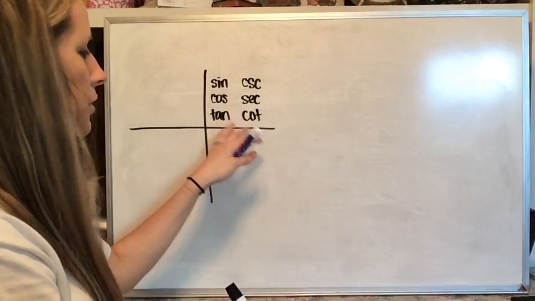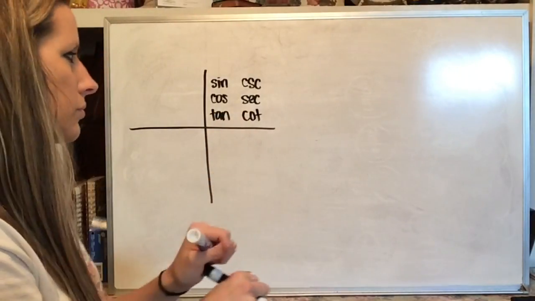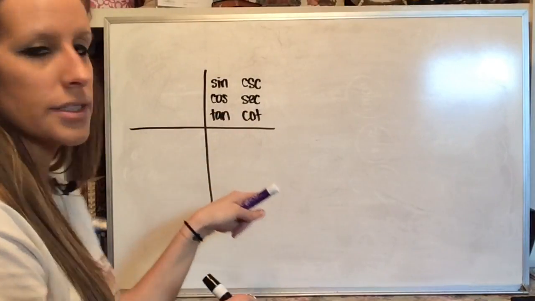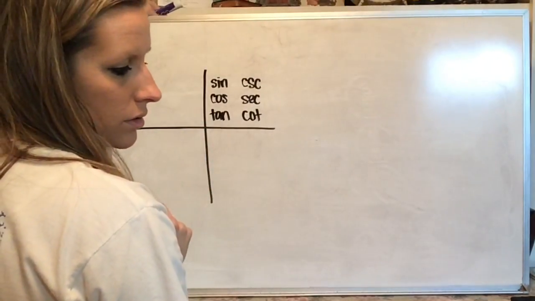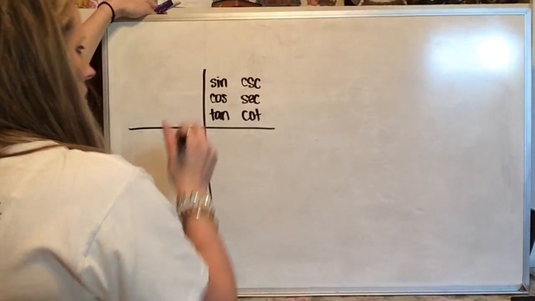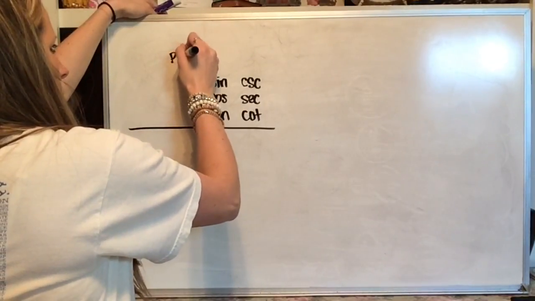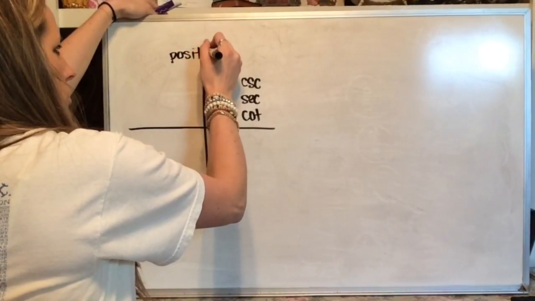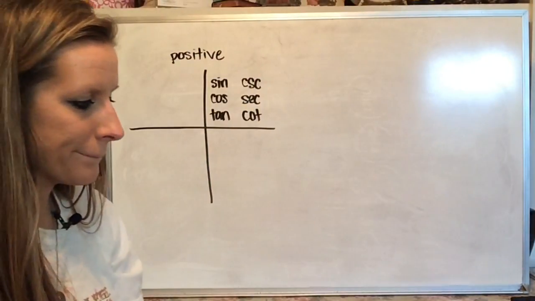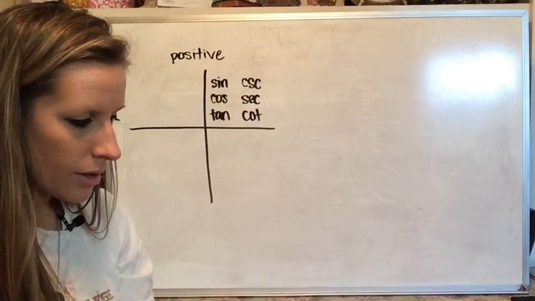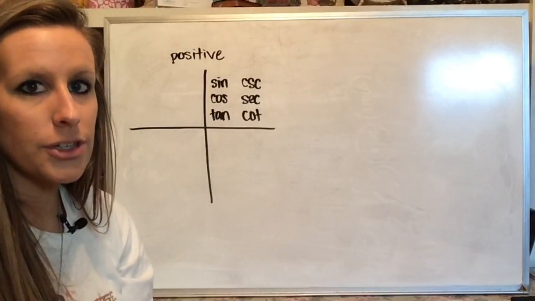So this is what I would write on your notes for today. We're going to fill in the quadrants with all the functions that are positive. These are positive trig functions. All right, look at number 2 on your notes from yesterday.